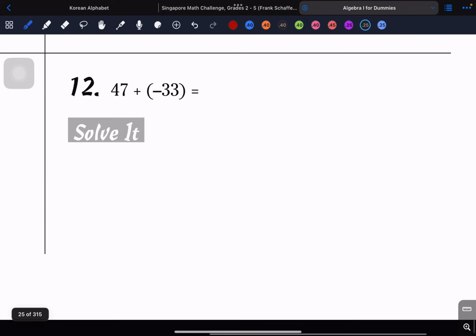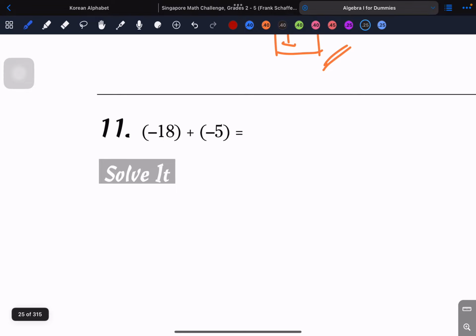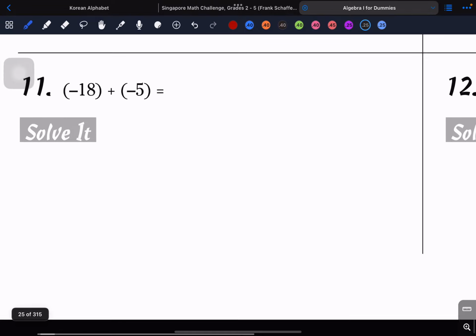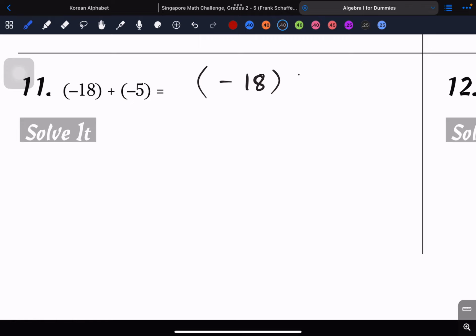Next. Negative 18 plus negative 5. Same, negative.